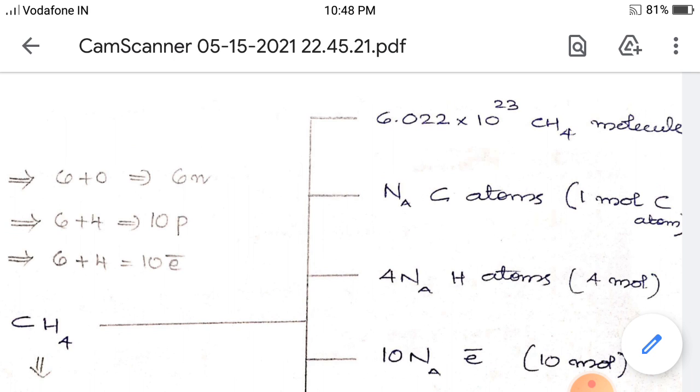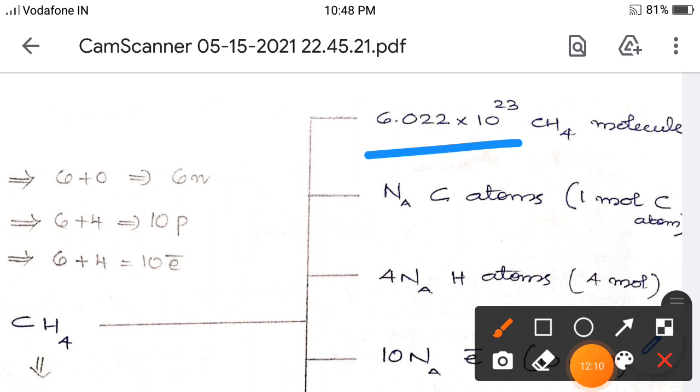So 1 mole CH4 means 6.022 × 10^23 CH4 molecules. 1 mole means 6.022 × 10^23 number. The mole is a word that denotes a number, and that number is called the Avogadro number.